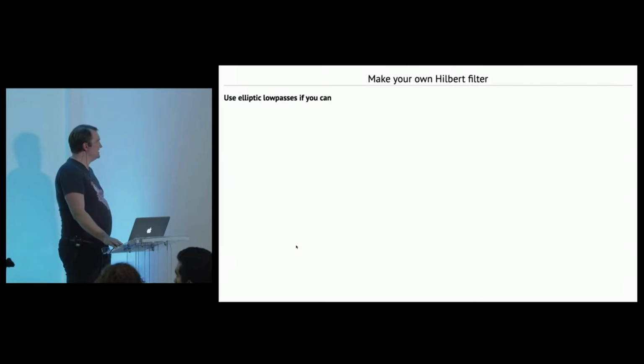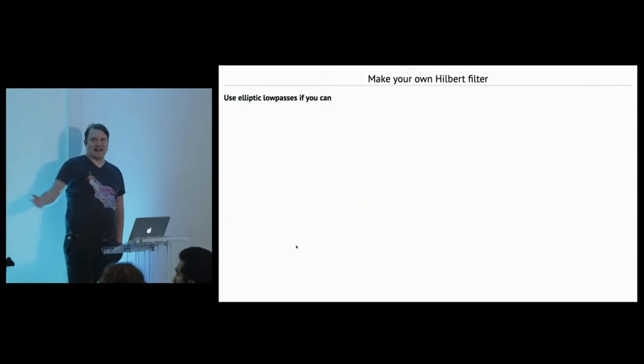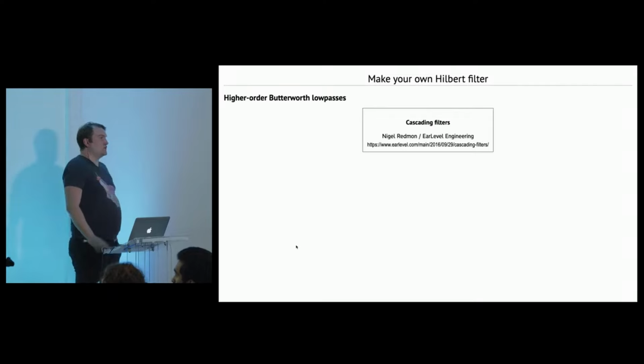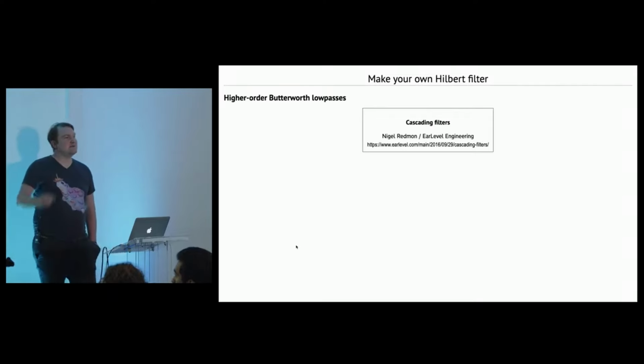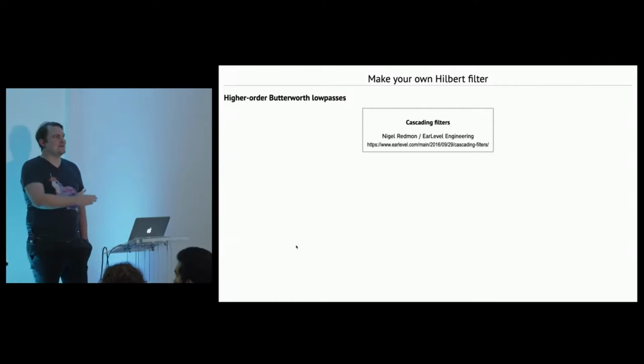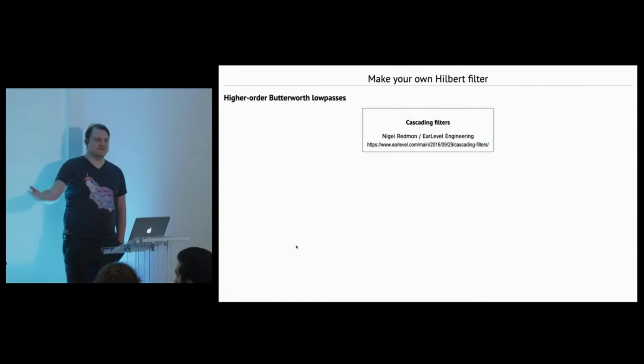You do want something elliptic if you can do that, if you have it to hand. So if you're using JUCE or whatever, those have that in the toolkit. If you don't, and all you have is biquads, you can make high-order Butterworth low passes by stacking together other second-order low passes with just different Q values.